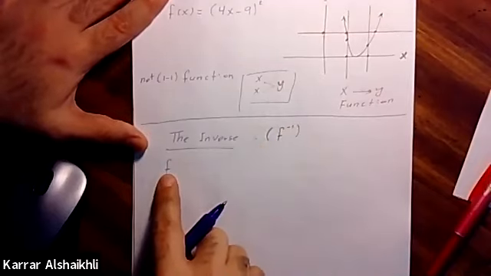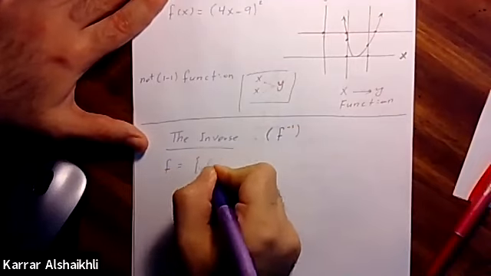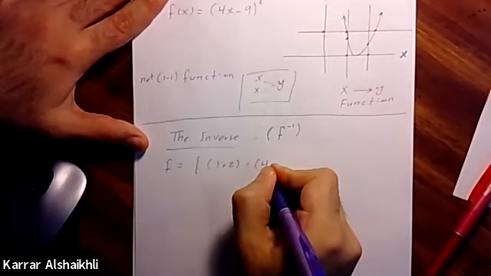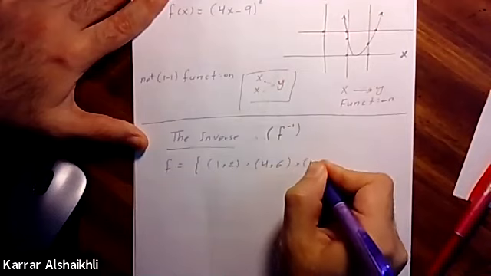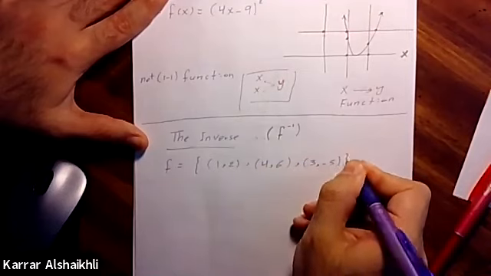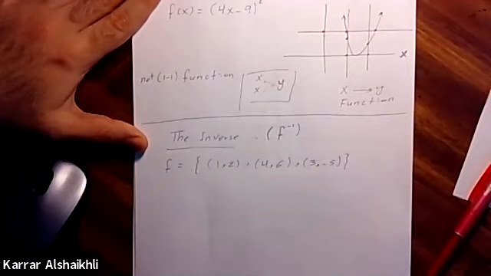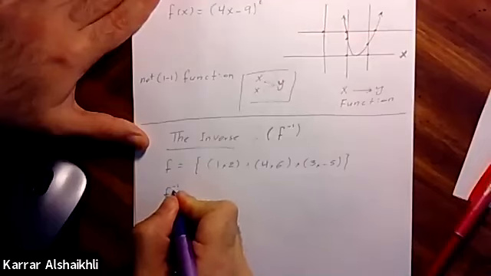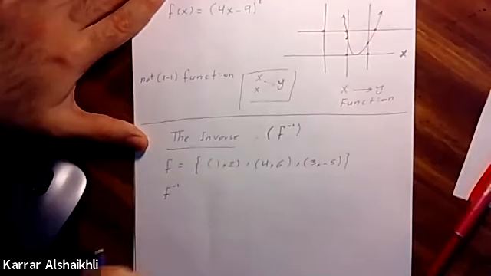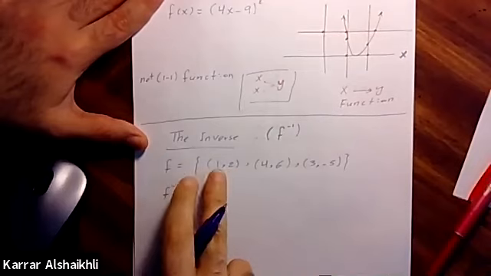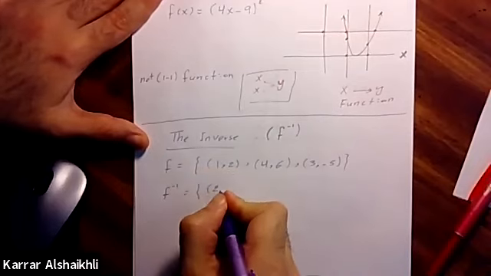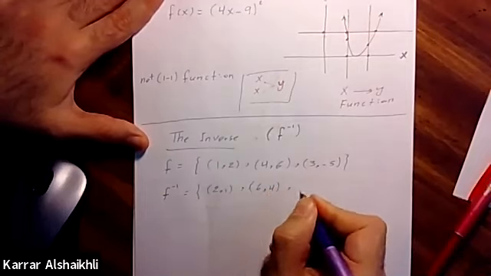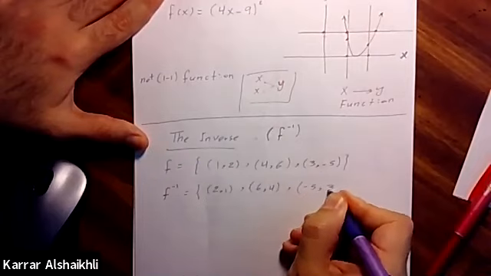So if you have f like this: 1, 2, 4, 6, 3, -5. So this is the f. To find the inverse of f, here is the inverse of f, we're just going to flip the points. 2, 1, 6 and 4, -5 and 3.